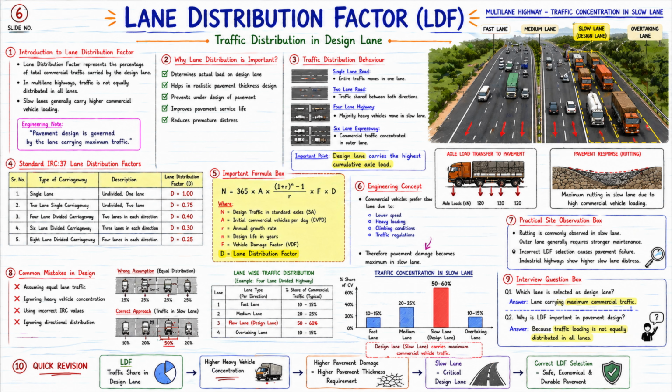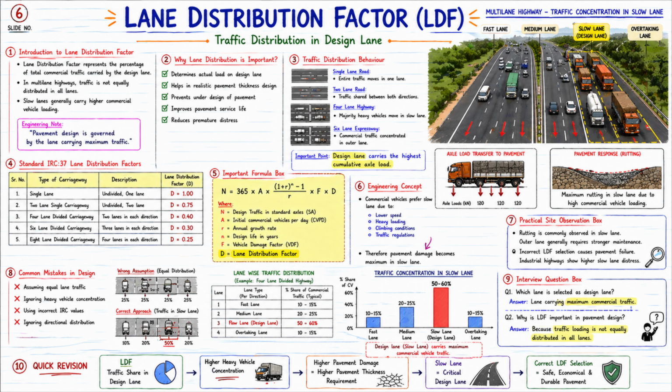It prevents under-design of pavement. If you assume the wrong lane, the pavement may fail quickly. It improves pavement service life. It increases pavement life. It reduces premature distress, meaning rutting, cracking, settlement. There are less. Now let us look at the third topic.